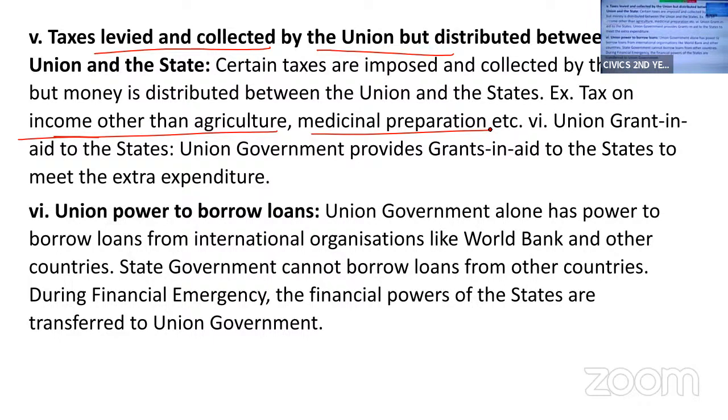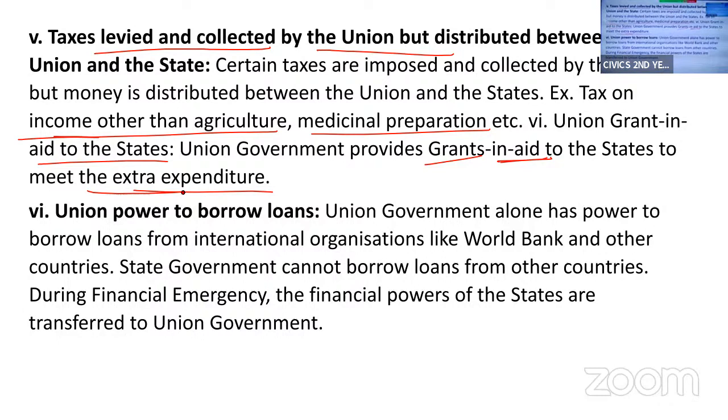The next is union grants in aid to states. Aid means helping, granting funds, money to the state government to overcome extra expenditure. The union government will grant some funds to the state government to overcome the excessive or extra expenditure.